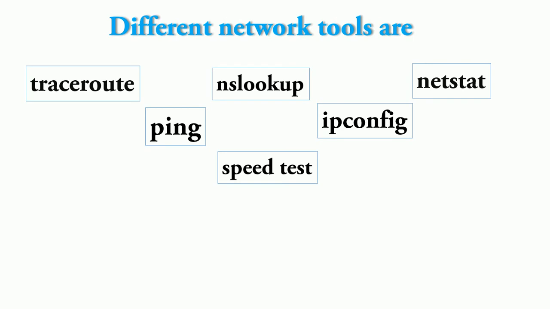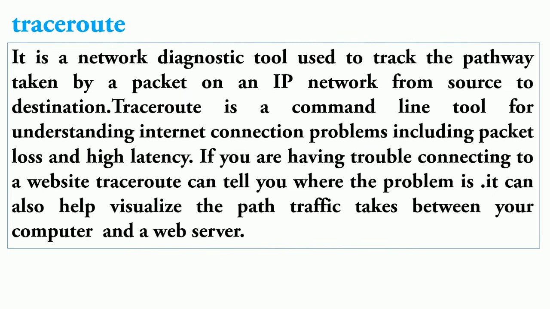So let's start with traceroute. It is a network diagnostic tool to check the path between the source and the destination. It checks how the data packets are transferred from the source to the destination.